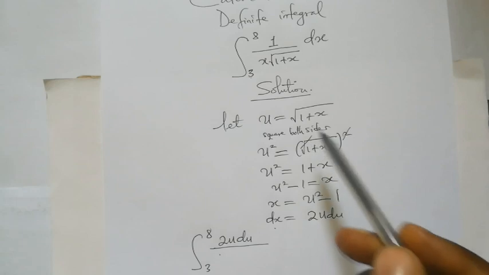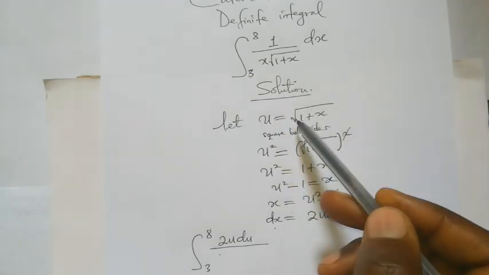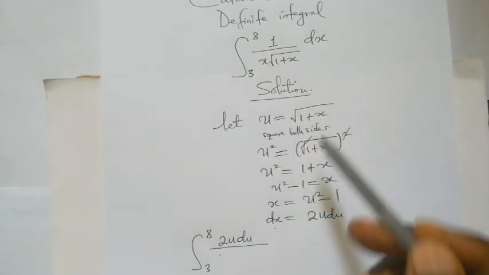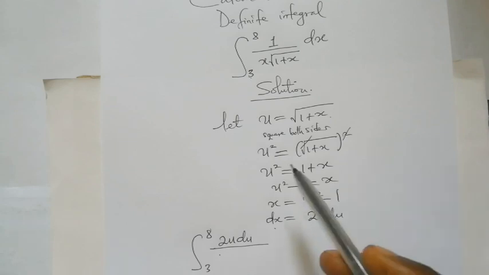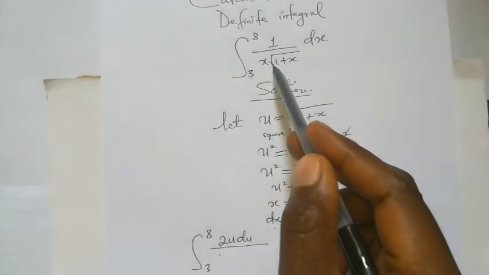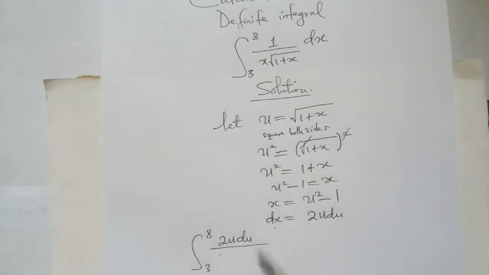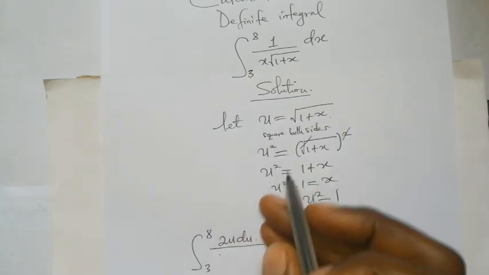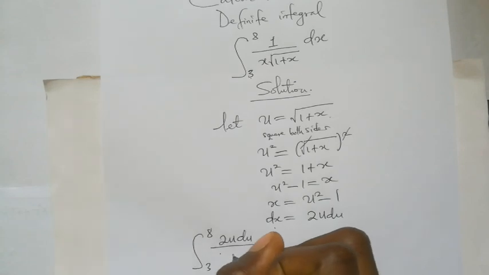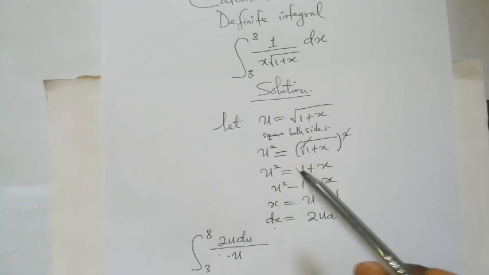We said let the square root of 1 plus x be equal to u, so in place of x we are going to have u times the square root.